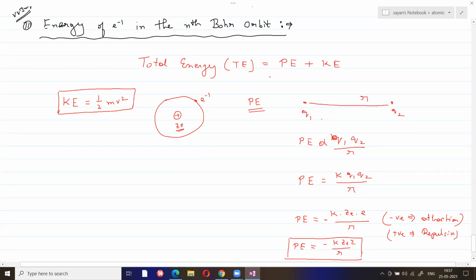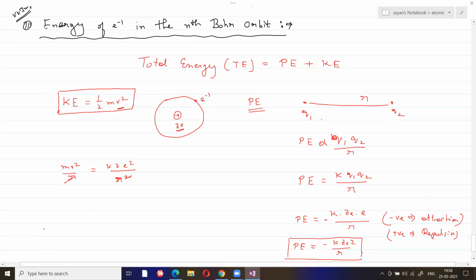Okay. Now put the value of total energy and another formula. You know mv squared by R equals kZe squared by R squared. When I started the Bohr's orbit, that formula I already derived.